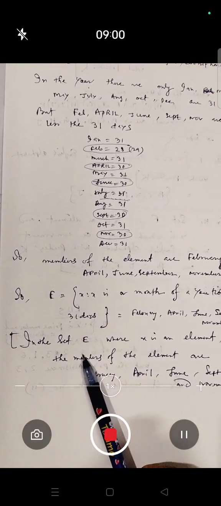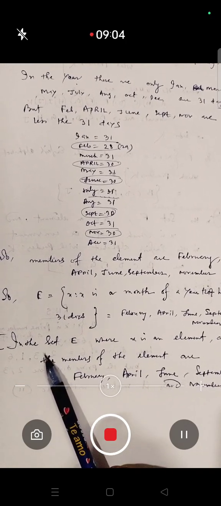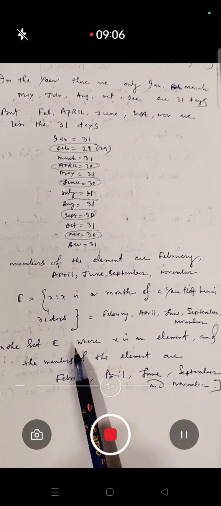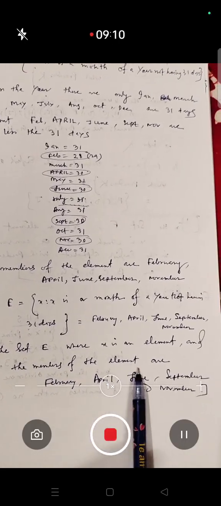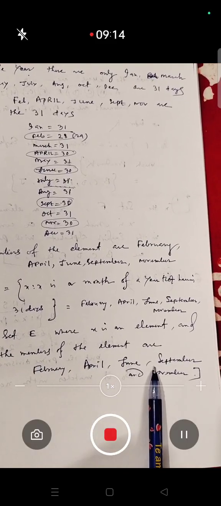So in this way we can say in the set E where X is an element, the members of the elements are February, April, June, September and November. Now next, students.